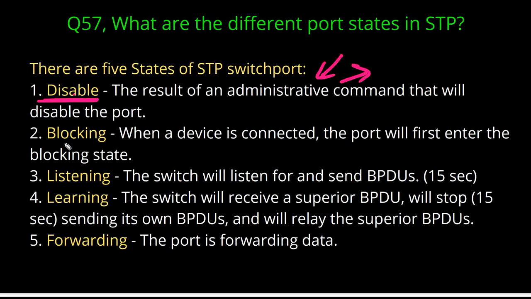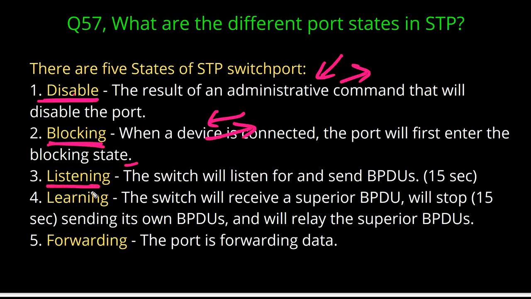If I talk about blocking, a port can receive BPDU. When a device is connected, the port will first enter blocking state. In this state, a port can receive BPDU, but can't transmit BPDU. That port can't receive data, can't send data, and can't learn MAC address.